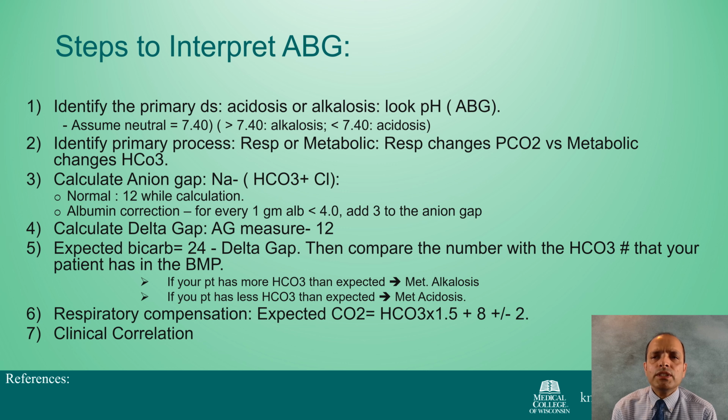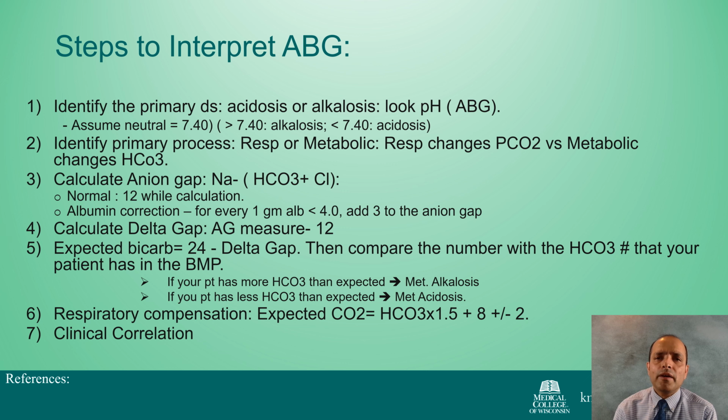Then once you calculate that anion gap, you calculate delta. So delta means how much more anion gap the patient has. So the anion gap minus 12 is going to be delta. Why is delta important? Delta is negatively charged. So since delta is negatively charged, it is going to occupy the same compartment occupied by bicarbonate.